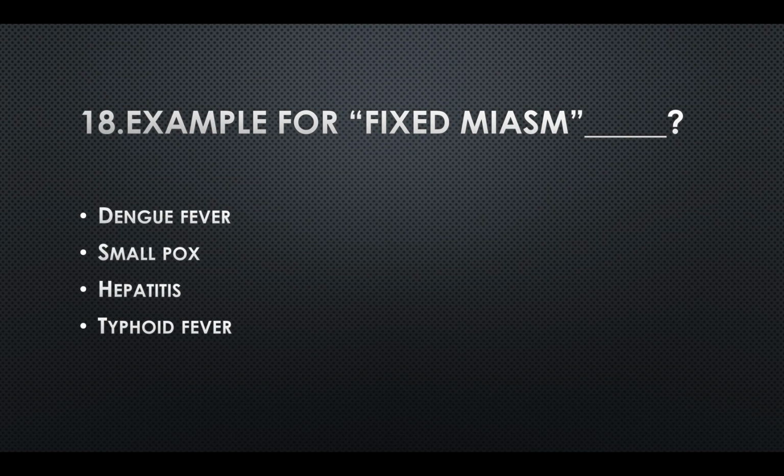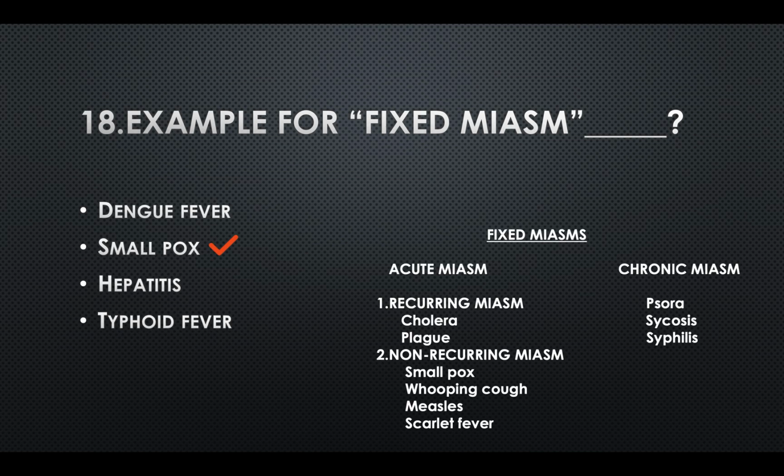Example for fixed miasm: option A dengue fever, option B smallpox, option C hepatitis, option D typhoid fever. Answer: option B smallpox. Fixed miasms are of two types: acute miasm and chronic miasm.